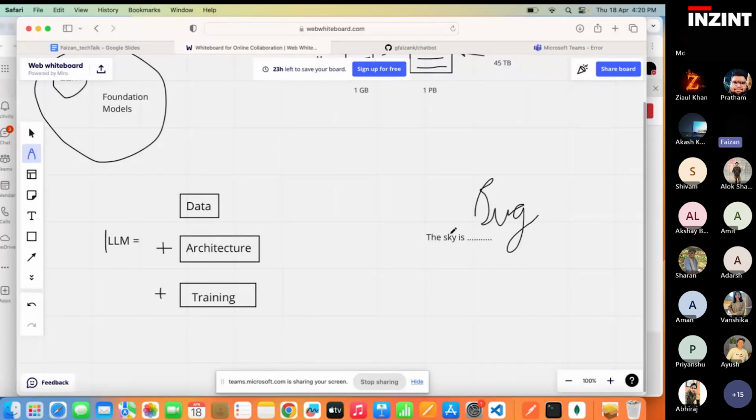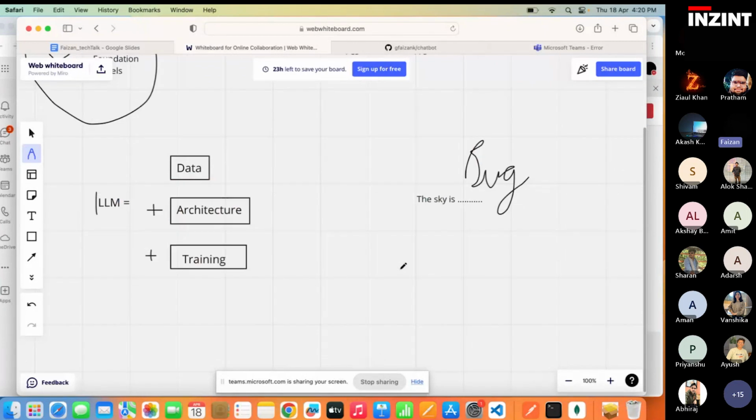But with each iteration, the model adjusts its internal parameters. What this means is it will process this sentence many times, giving sequential data. One time it gives bug, another time it gives another word, and it gets to the closest possible result that would be the answer to this question.